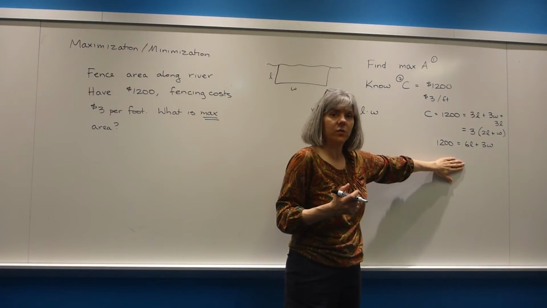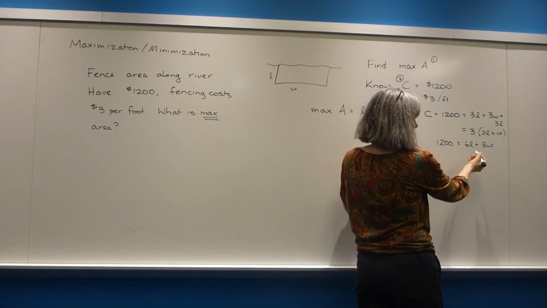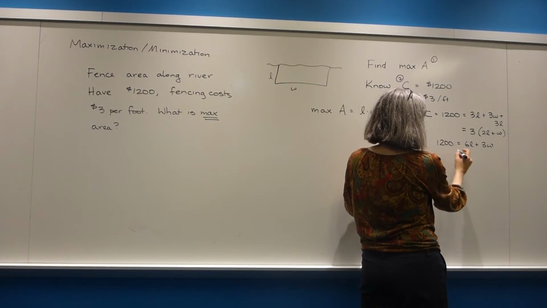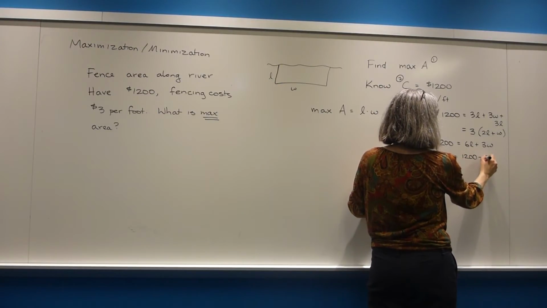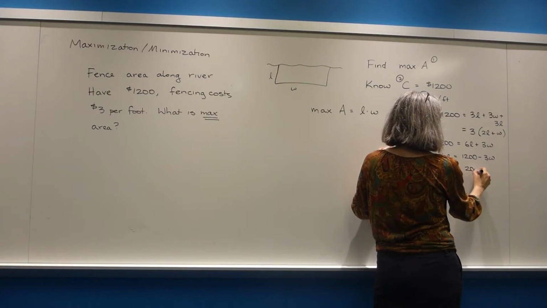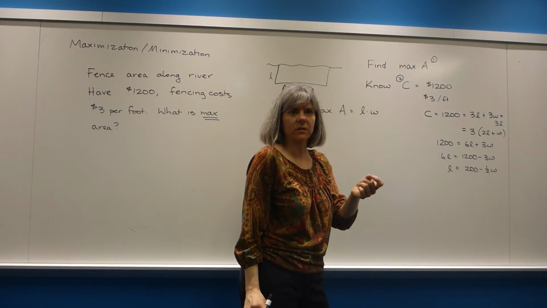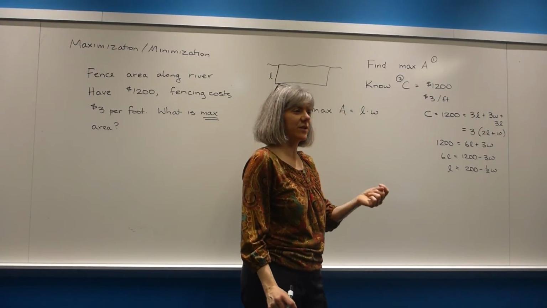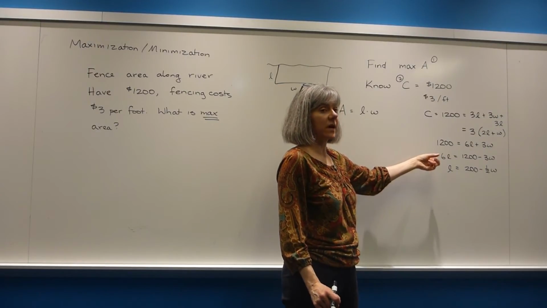I can solve this for one of the variables, substitute back in. So I don't like writing L's, so I'm going to write 6L is 1,200 minus 3W. Ooh, so let's talk about this, 200 minus 1/2 W. How many of you like fractions? You all like fractions, right? So I could have solved this for W instead, and I would have no fractions.